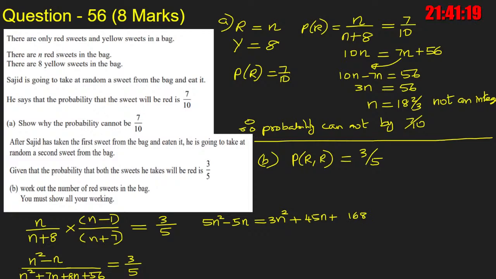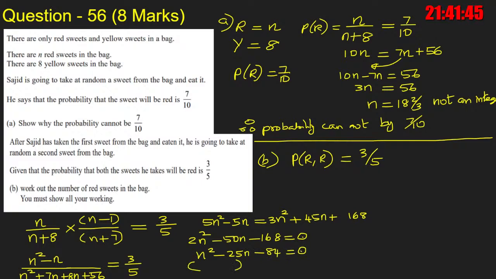If you rearrange everything, 5n squared take away 3n squared is 2n squared, minus 50n minus 168 equals 0. So divide by 2: n squared minus 25n minus 84 equals 0.